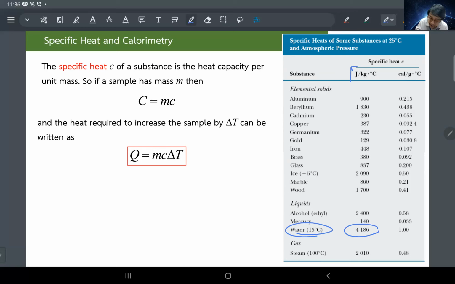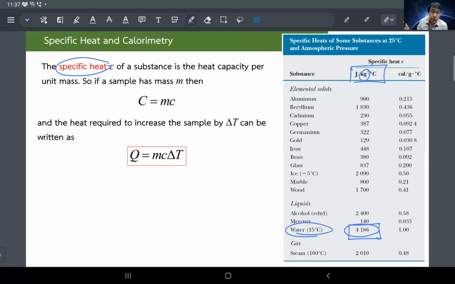So you define something we name specific heat. The reason it's specific is because it's heat capacity per kilogram, just for 1 kilogram. So if you bring in a kilogram of water, the heat capacity of that 1 kilogram of water will be around 4,100 joules, something like that.